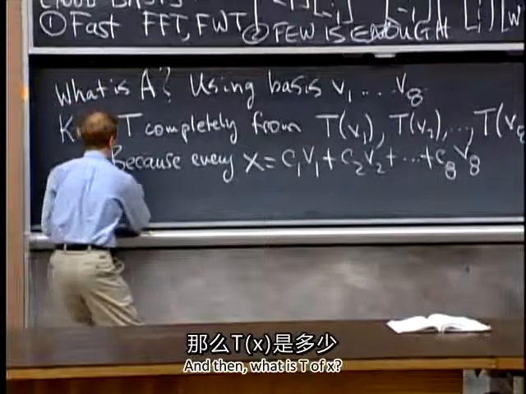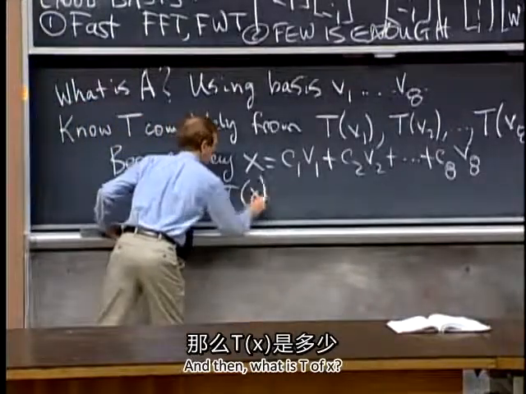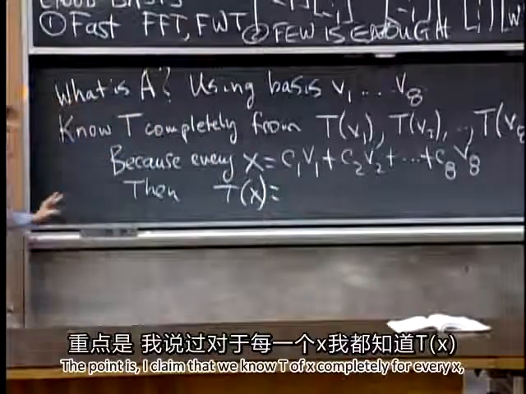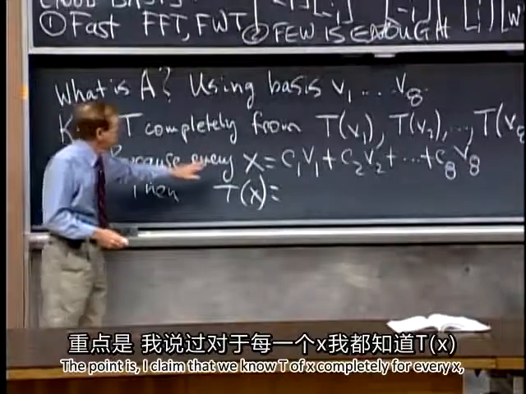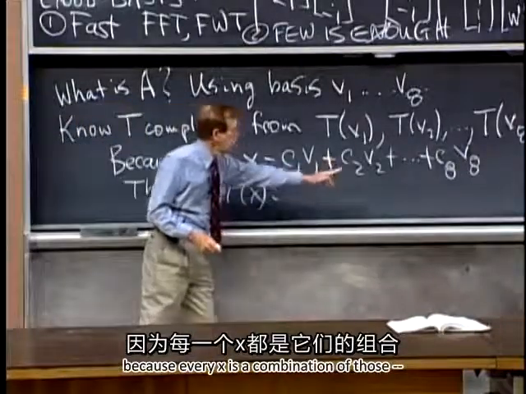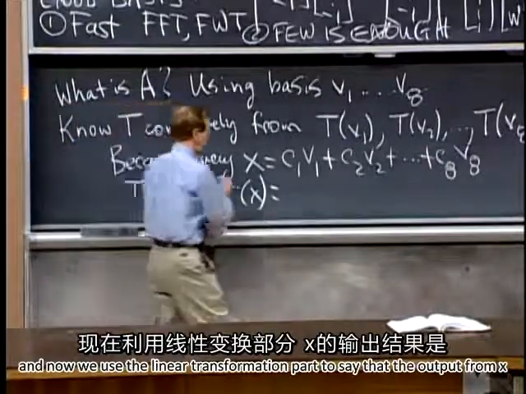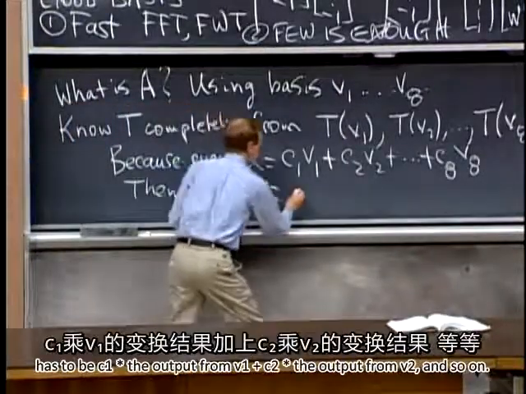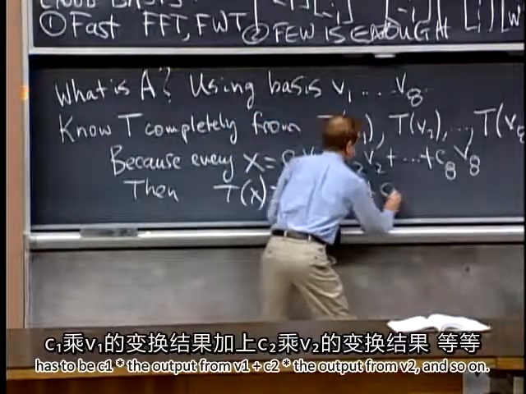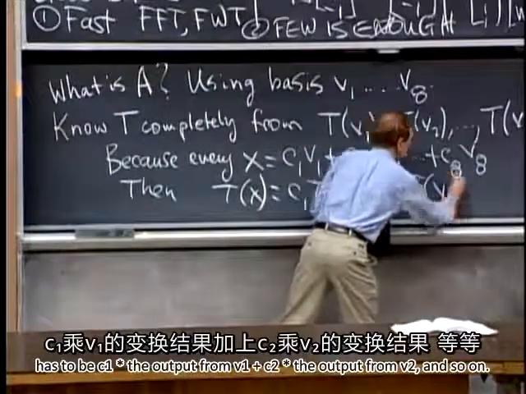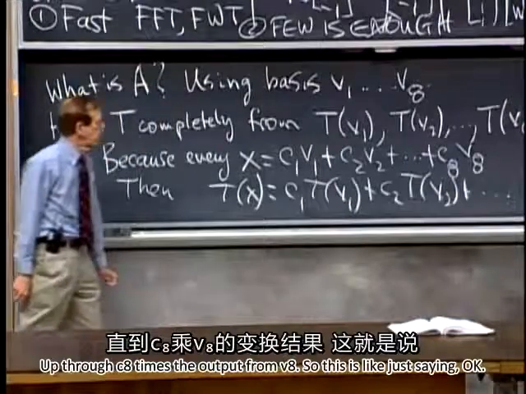And then, what is T of x? I claim that we know T of x completely for every x, because every x is a combination of those, and now we use the linear transformation part to say that the output from x has to be C1 times the output from V1 plus C2 times the output from V2, and so on, up through C8 times the output from V8.